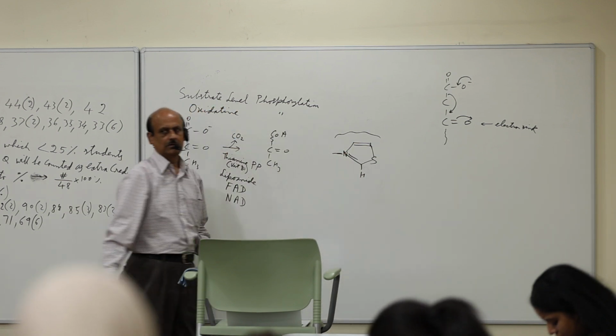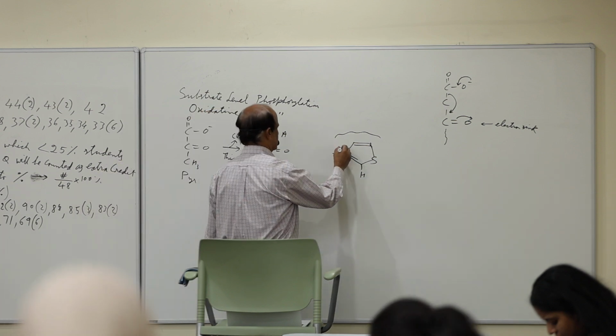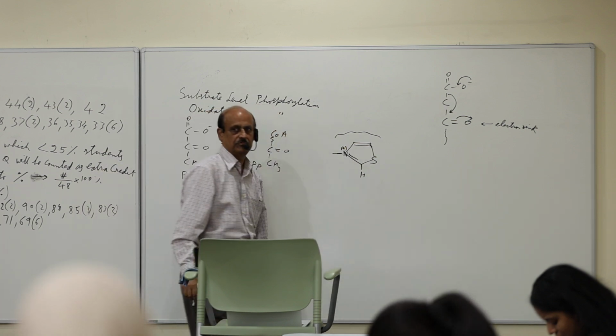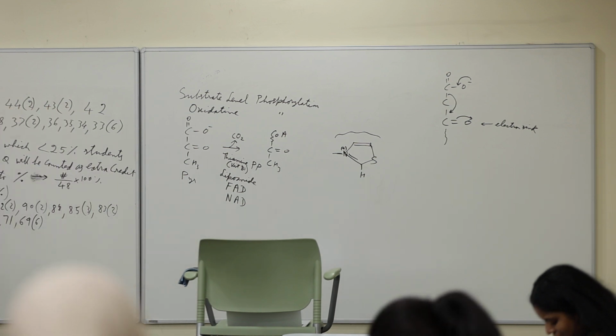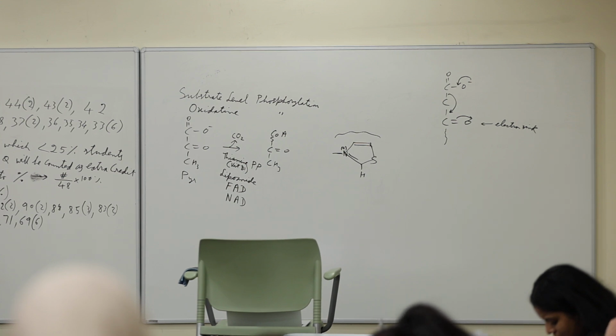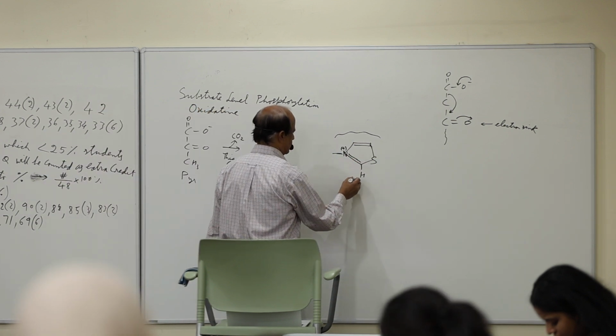This nitrogen, as you see, has 4 bonds. So that means it must have a positive charge, and that is very important that the nitrogen has a positive charge. So nitrogen is the electronegative atom. On top of that, it has a positive charge. So that means it is very electronegative, even more electronegative than oxygen. So it pulls electron from this carbon, and that makes this proton acidic.